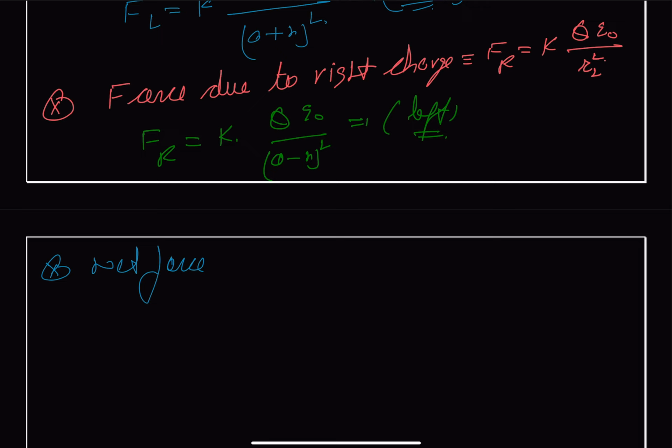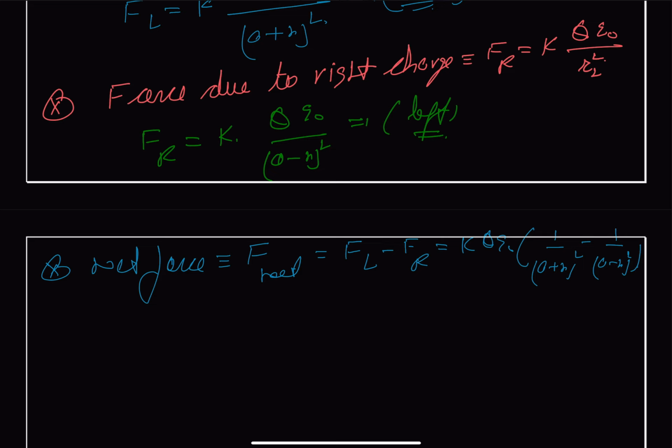that is our F net, will be equal to force left minus force right. We can take K Q Q naught common, and this comes as 1 upon (a plus x) whole square minus 1 upon (a minus x) whole square.